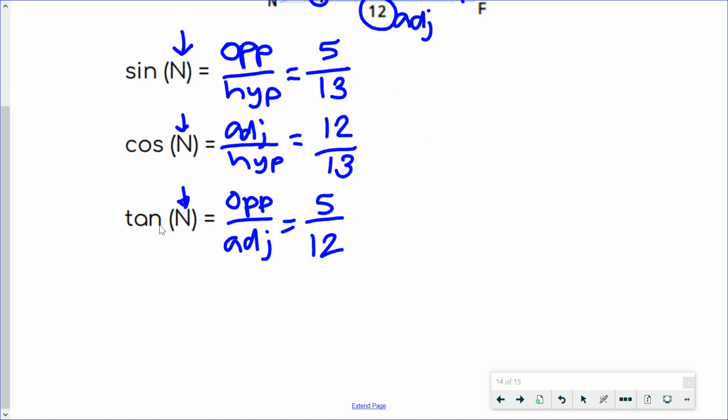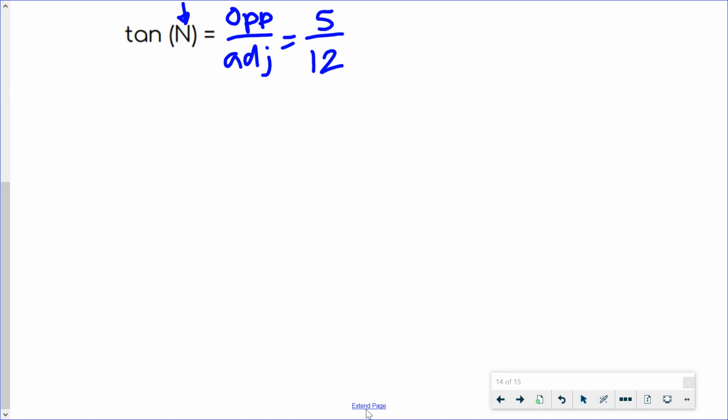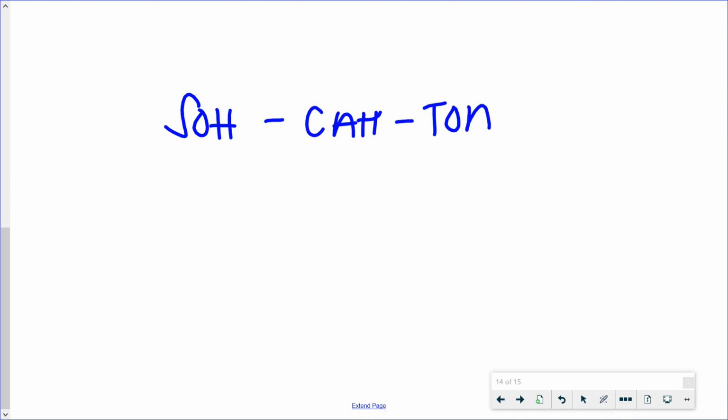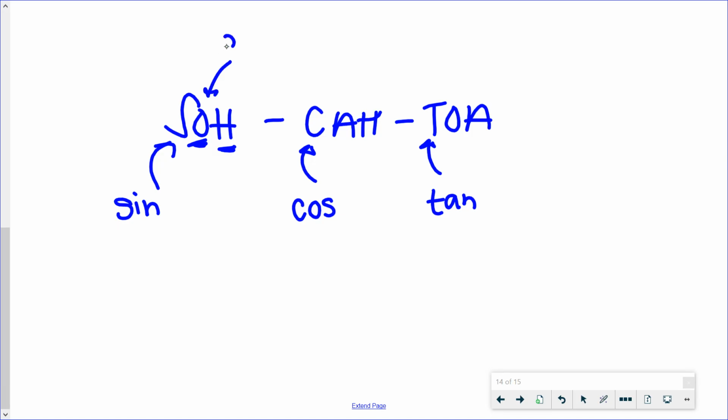Now at the bottom of your note page on the front side, you might have seen something that looks like this. SOHCAHTOA. We say SOHCAHTOA. And what SOHCAHTOA means is that the S stands for the sine, the C stands for the cosine, and the T stands for tangent. Now if I think about, okay, what do I know about sine? Well, I know it relates the opposite over the hypotenuse.